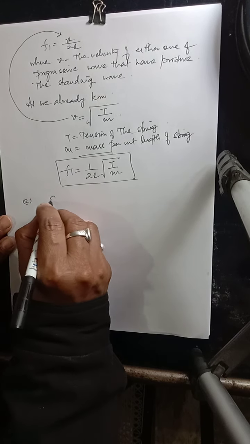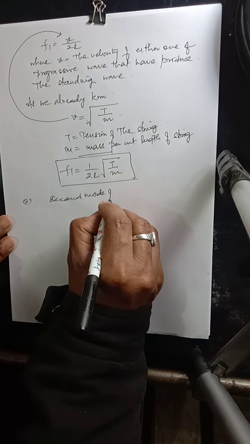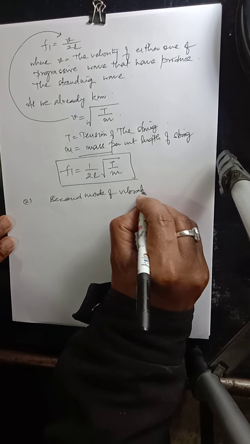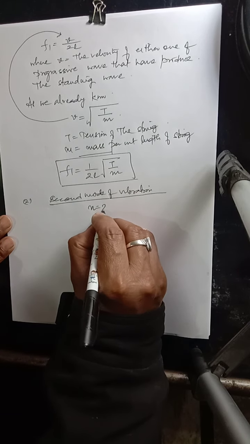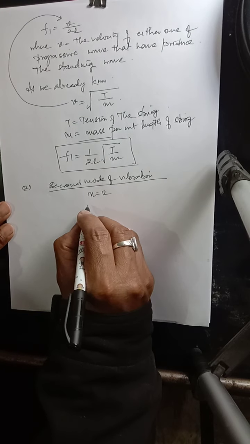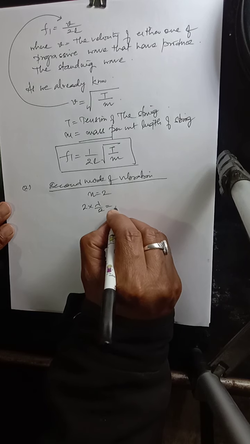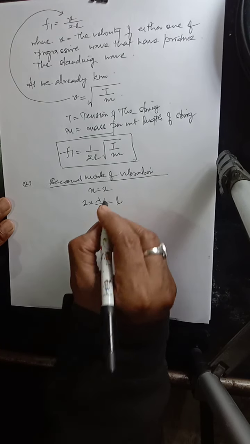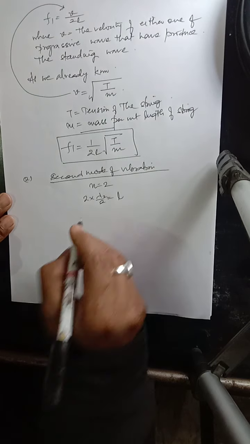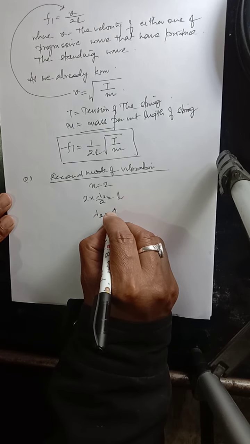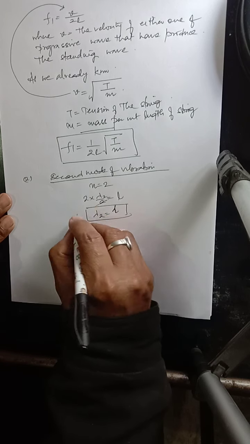Now the second mode of vibration. For the second, n becomes 2. So 2 into lambda 2 by 2 is equal to L. So lambda 2 becomes L, as the 2 is cancelled out.